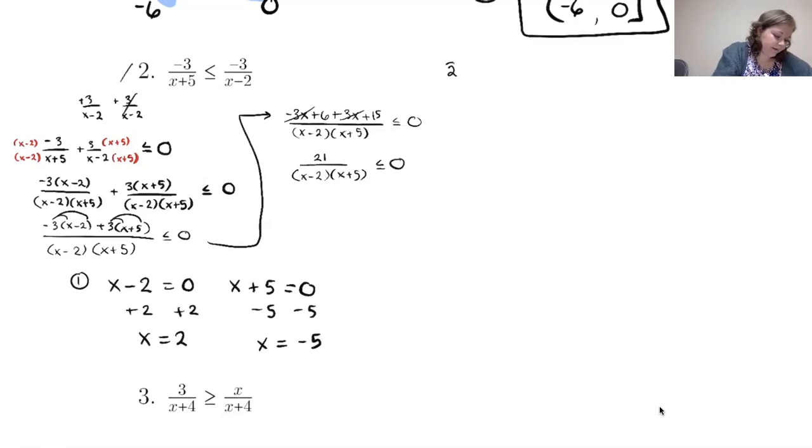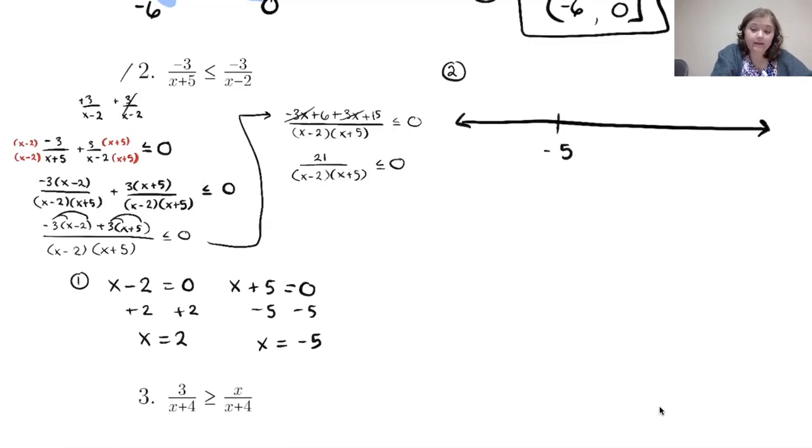So now step 2 is the number line. So negative 5 comes first because it is a smaller number, and then 2 comes next. Then we will use the sign test in step 3 on each of the 3 intervals, 1, 2, 3, that were created by plugging in our test points onto the number line.